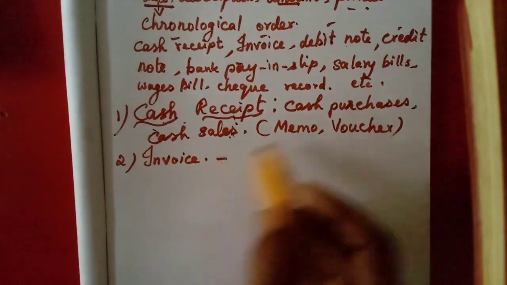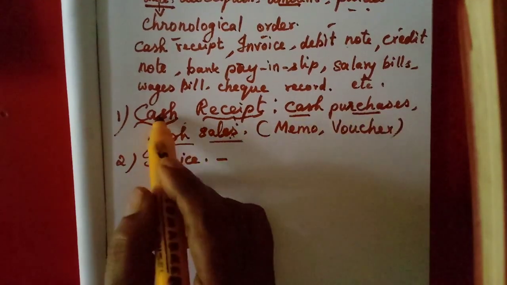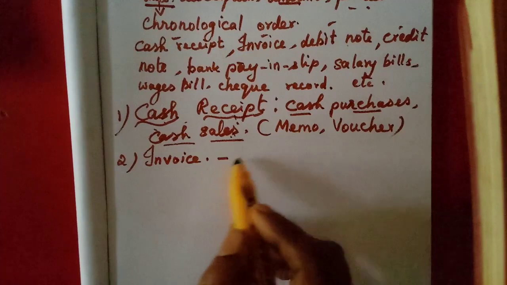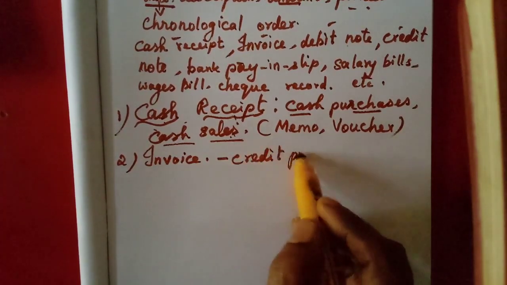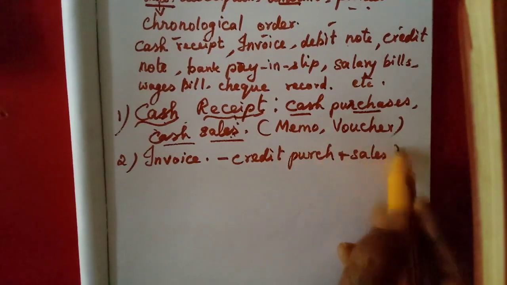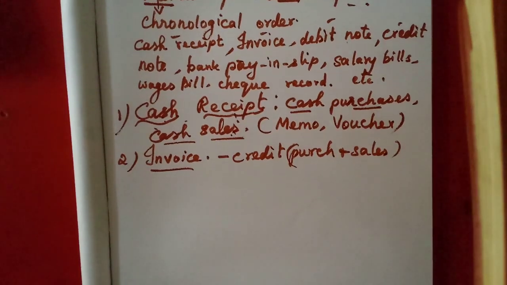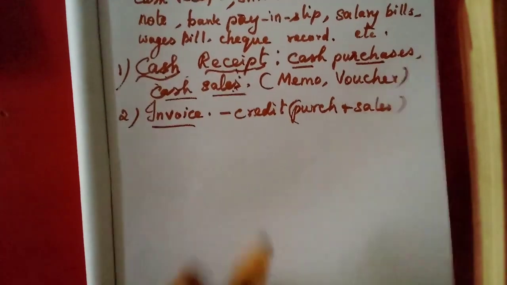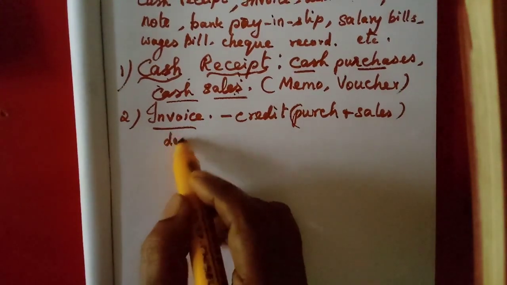Invoice. Here for cash purchases and cash sales, we use cash receipt. And for the credit purchases and credit sales, this invoice is used. Usually in this invoice, what will be there? Same thing. Date will be there.